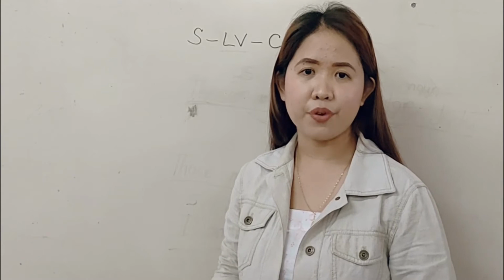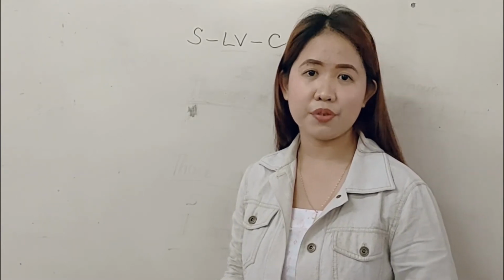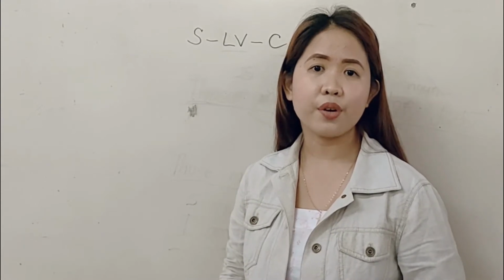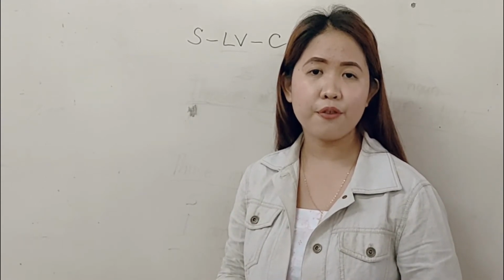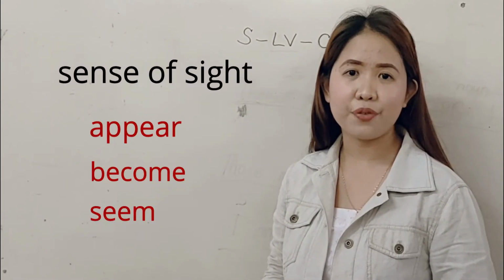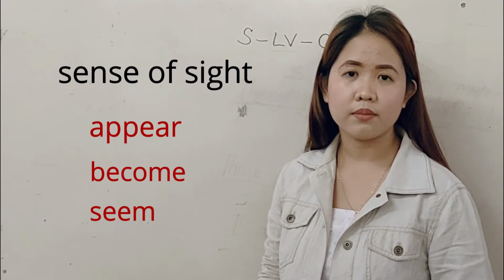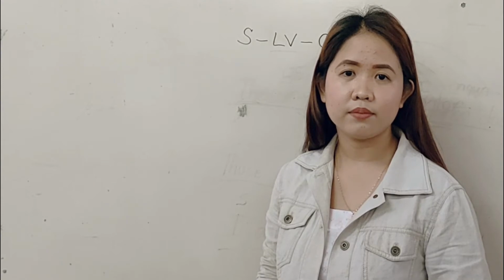Maliban sa 5 be verbs na nabanggit, meron pa tayong tinatawag na ibang linking verbs. So these are the verbs that pertain to 5 senses. For the sense of sight, we can have the linking verb appear, become, seems.